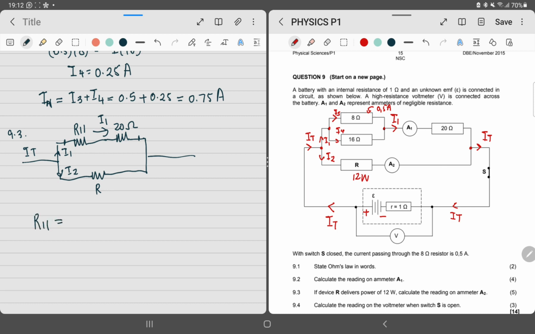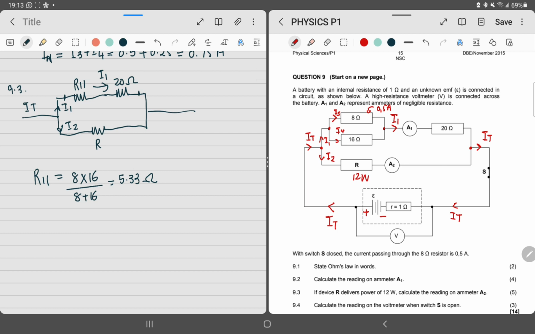R parallel should be equal to 8 multiplied by 16, all over 8 plus 16. So I am getting 5.33 ohms.